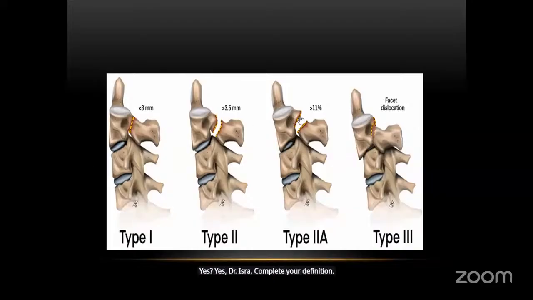It is the pars interarticularis fracture of C2 and subluxation. Is it unilateral or bilateral? Bilateral pars fracture. Bilateral pars interarticularis fracture plus subluxation of C2 over C3.